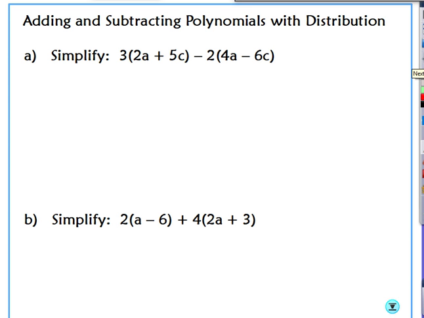Sometimes you need to distribute before you can combine like terms. In these next few examples, you will notice how we distribute and then combine like terms.